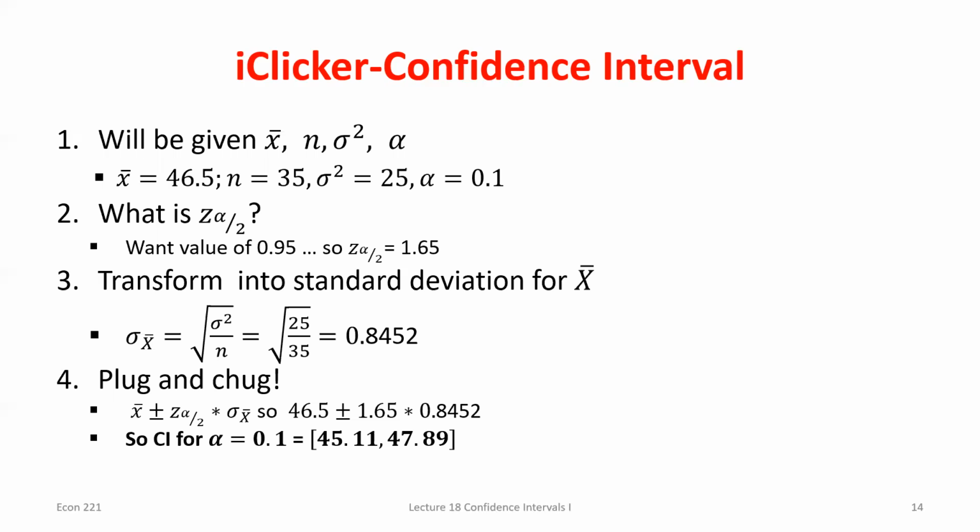So I'm going through this quick, but I just want to make a point before we leave. If I'm looking at this confidence interval, I can go to that manufacturer and say, look, based off the sample I took, your weight plate that you're claiming is 45 pounds, with 90% confidence, I can tell you the true mean of what you're producing is not 45 pounds. It's somewhere between 45.11 and 47.89. Now, that seems trivial when we're talking about weight plates.